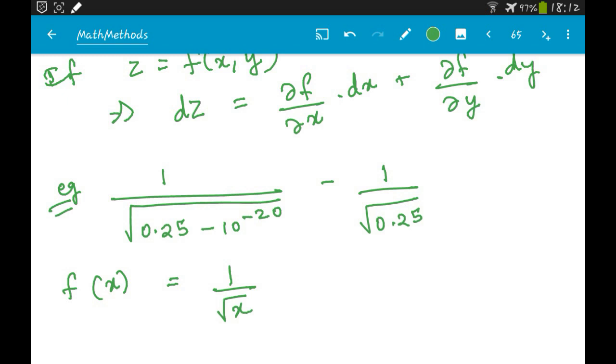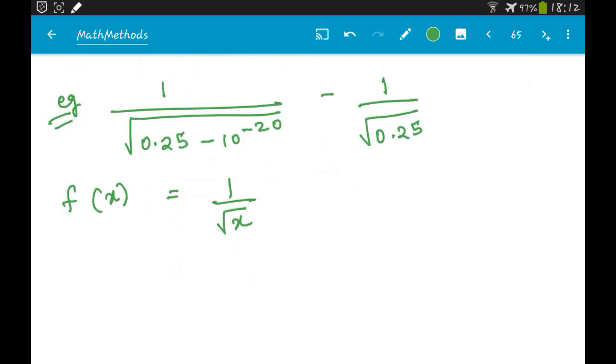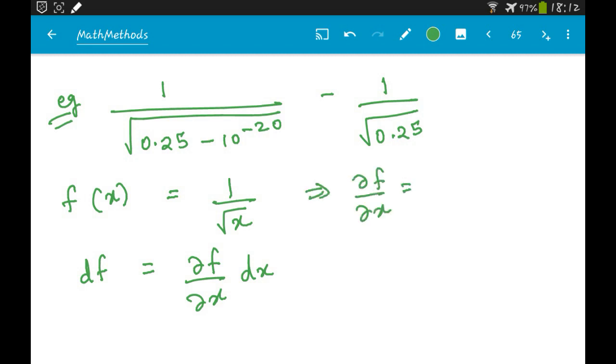So this is approximately like df. So df will be given by dou f by dou x into dx. From here we can get dou f by dou x, which is nothing but dou by dou x of x power minus half.